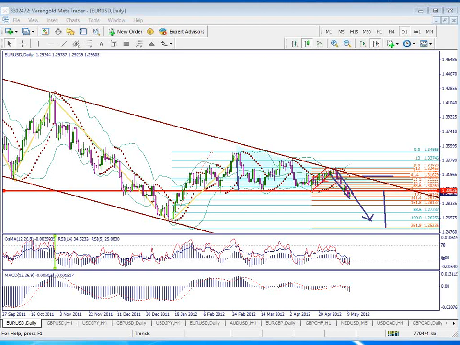In any case, I think that both currencies, they just try to keep them as weak as they can.